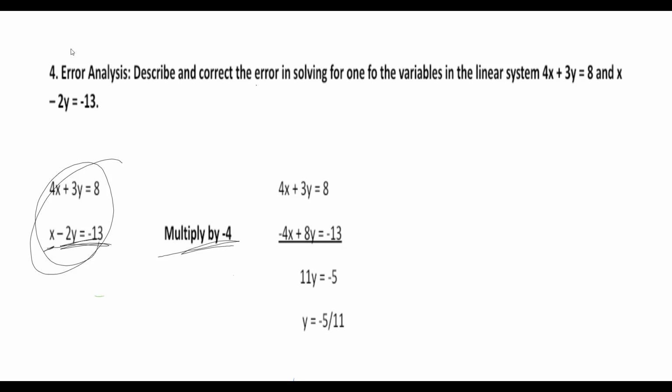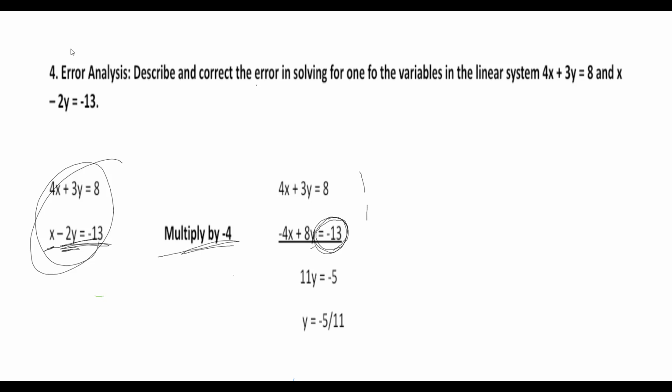They multiply negative 4 to the second term. But I do not see that they multiply negative 4 to the last term. And so if they're doing the elimination method, remember you got to multiply that least common multiple to every single value, and they did not do that. So that was their error and it messed up the answer. So now we have to correct their work.